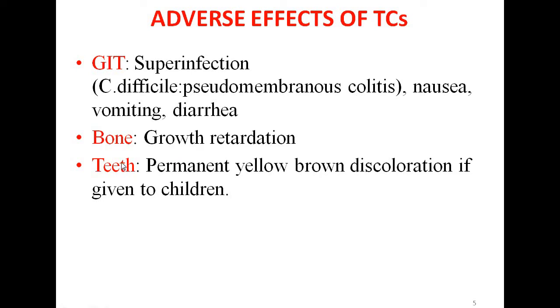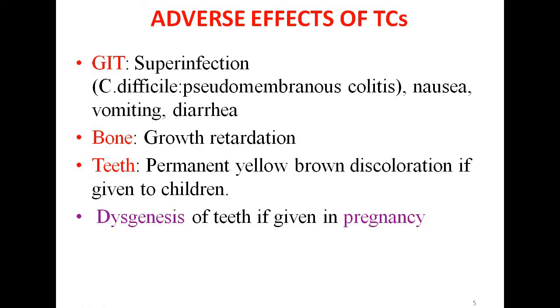In children, tetracyclines can chelate with the calcium in the growing teeth and cause permanent yellow-brown discoloration. Therefore, tetracyclines are contraindicated in children. So there are two reasons why tetracyclines should not be administered in children. One is growth retardation and second is yellow-brown discoloration of the teeth, which is permanent.